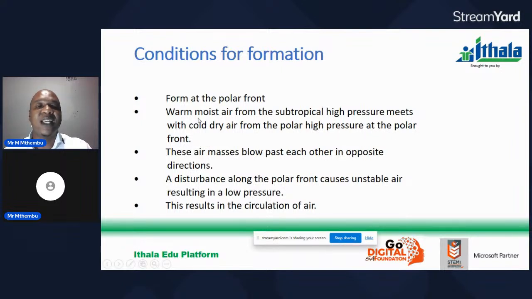Remember, grade 12, these two parcels of air meet, but they do not mix. So these air masses blow past each other in opposite directions. A disturbance along the polar front causes unstable air, resulting in a low pressure. So this results in the circulation of air.